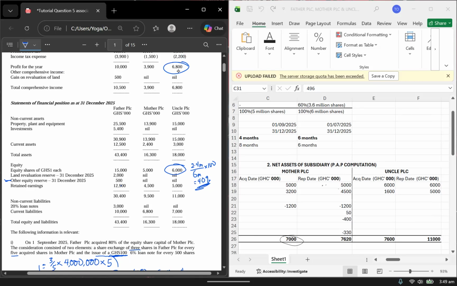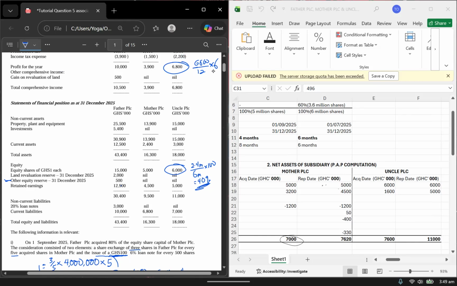It means this 6,800 is for the whole year, but the post-acquisition period is just 6 months. So you divide this 6,800 by 12 and multiply it by 6, which gives you the post-acquisition portion of the profit.